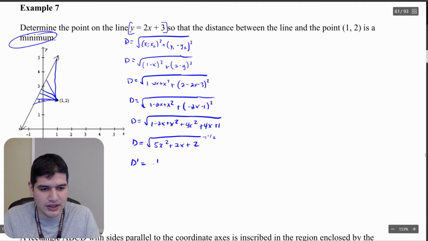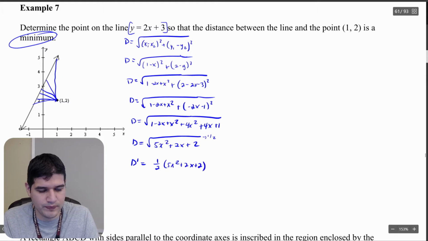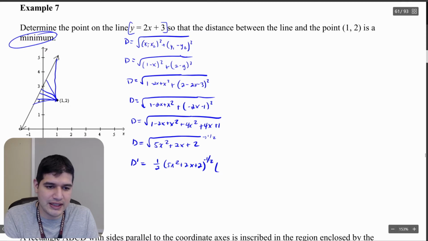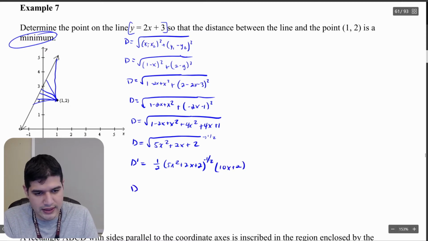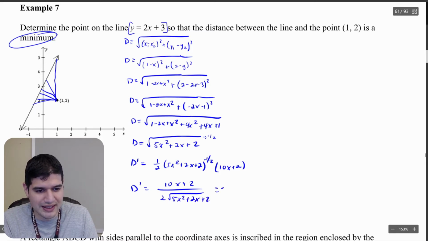Let's take the derivative and find d prime. That's 1/2 times (5x squared plus 2x plus 2) to the negative 1/2, times the derivative of the inside, which is 10x plus 2. So d prime equals (10x plus 2) over 2 times the square root of (5x squared plus 2x plus 2), and we set that equal to 0.